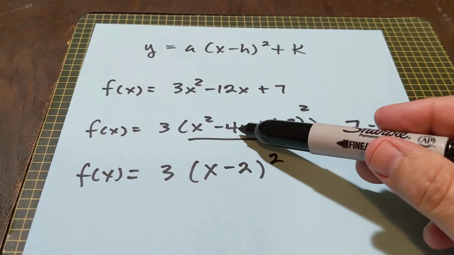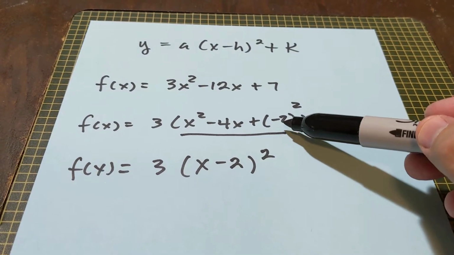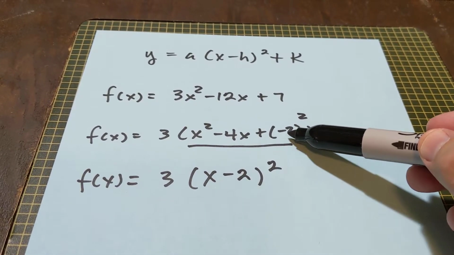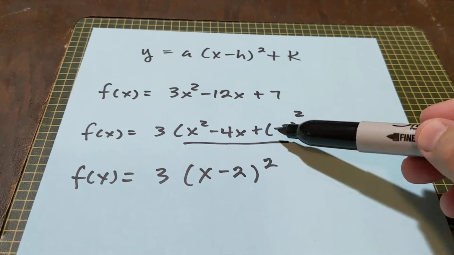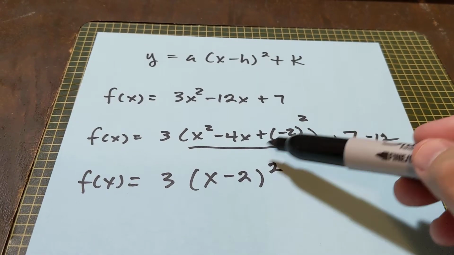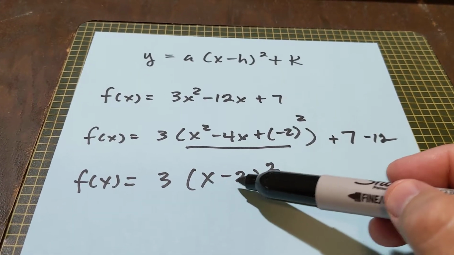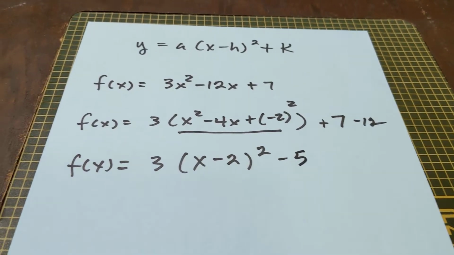I like to, when I take half the b term and I write it down here, I don't like to call that 4 because I want to use that right here. And if I had written 4, then I would have had to actually factor that. So by writing it this way, I know what's going to go down here, and it's a negative 2. So it's x and negative 2. And then, of course, this is negative 5 over here.